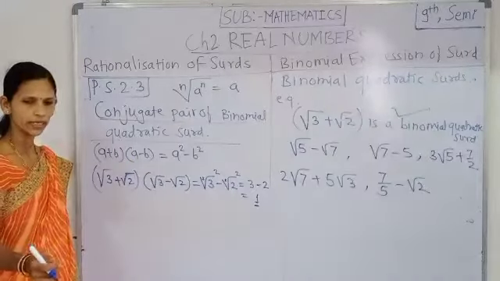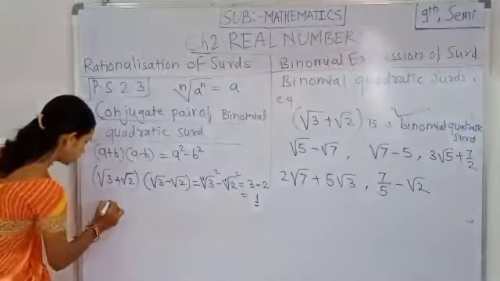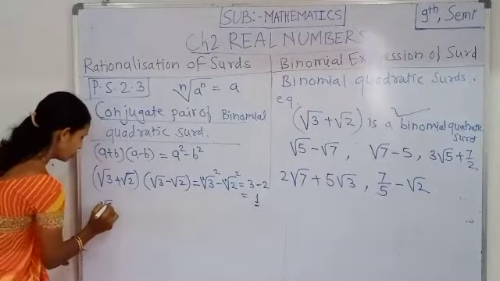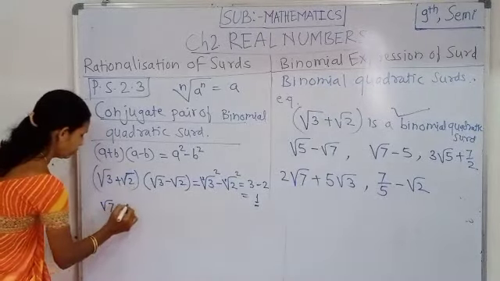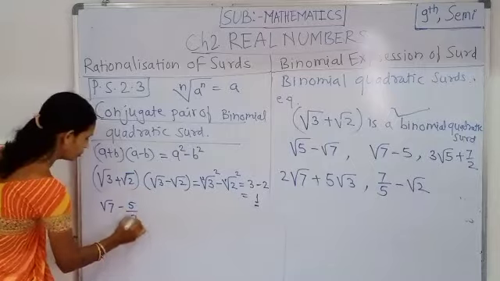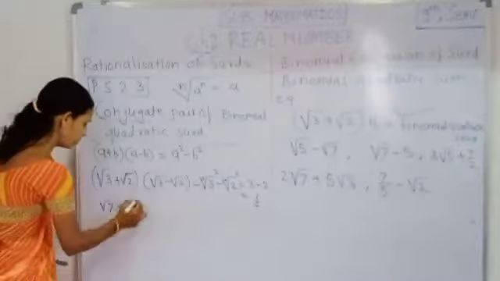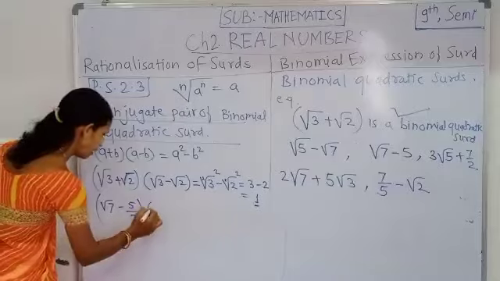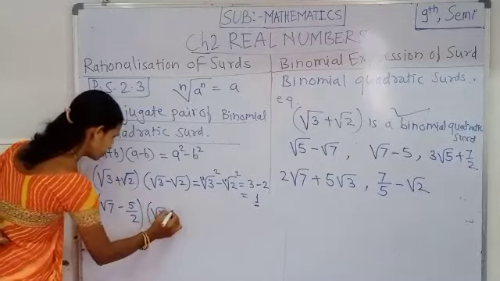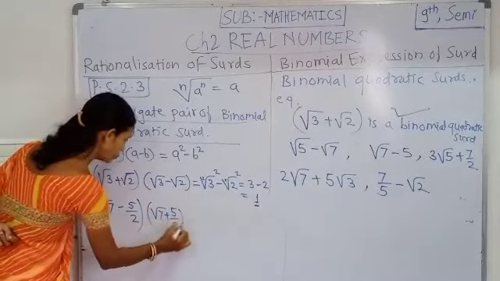Similarly, one more example I am taking here, that is root 7 minus 5 upon 2. Then we have to multiply it by root 7 plus 5 upon 2.